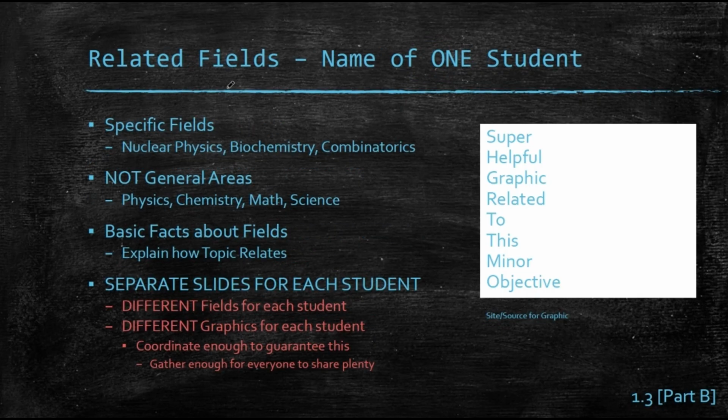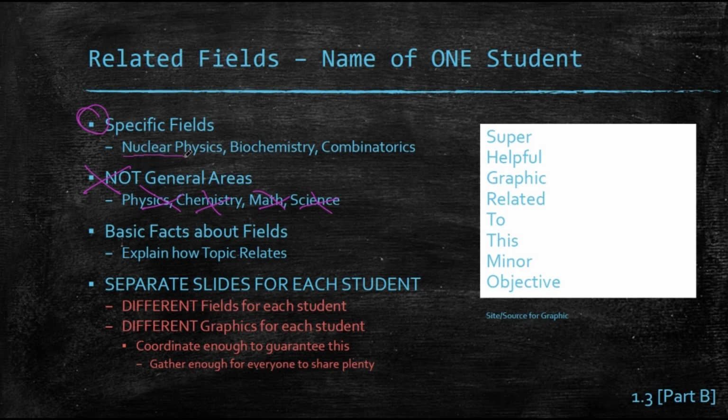Okay, then relevant fields. A lot of students have questions on this part as well. So you need to make sure that you're using specific fields. You don't want to use general areas like just science. The problem here is that if you say, okay, well, science is relevant for my topic, if you talk about all of science, it becomes very difficult for your partners to find something else to talk about.